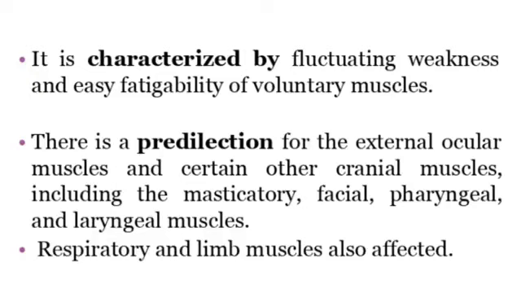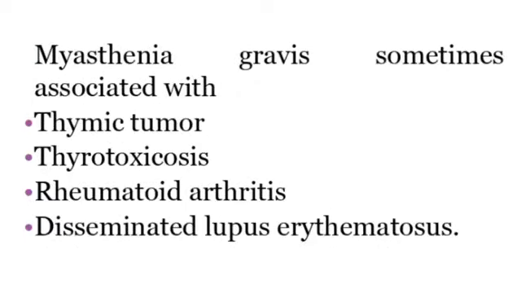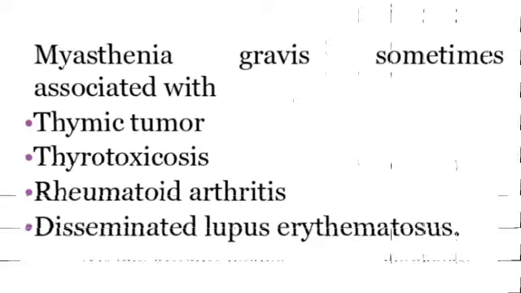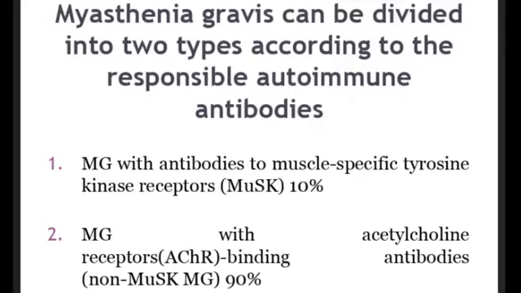In myasthenia gravis, the binding of autoantibodies to the postsynaptic receptors disrupts normal neuromuscular transmission. Myasthenia gravis is sometimes associated with thymic tumors, thyrotoxicosis, rheumatoid arthritis, and disseminated lupus erythematosus as autoimmune disease associations. It can be divided into two types according to the responsible autoantibodies.